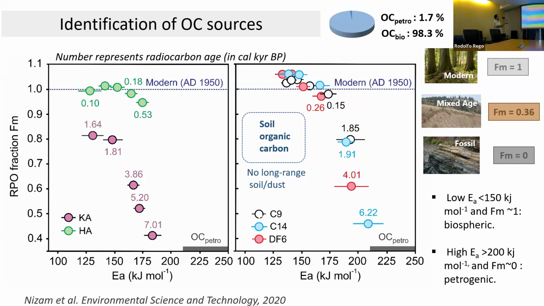We clearly see that mostly they are young, 80% of them, but there are few of them which are old, 6.22 kilo years, 4.01 kilo years. So they are young, that means clearly these are biomass derived carbon which are locally derived. They have nothing to do with fossil fuel, otherwise their modern fraction would be much lower.